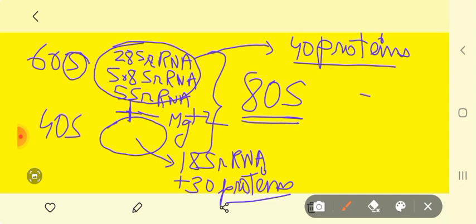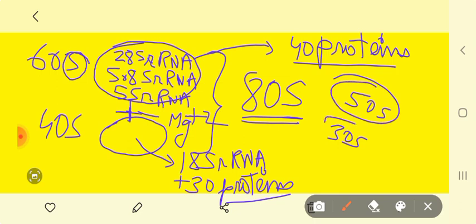Of course, the large is called 50S in prokaryotes and the small is called 30S. So these two subunits of ribosome freely roam in the cytoplasm, and unite only during the process of protein synthesis.